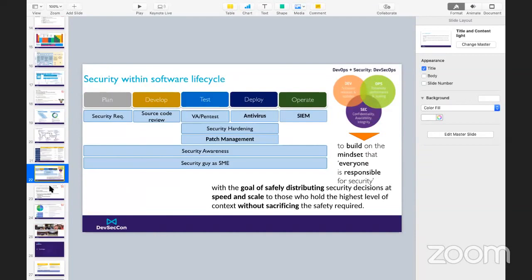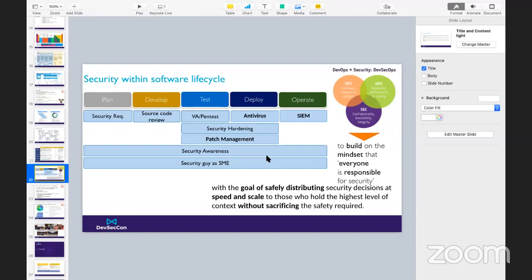And how about in the security term? Security within the software lifecycle, and how to secure each stage in the software lifecycle. Actually, DevOps for security, we call it DevSecOps.